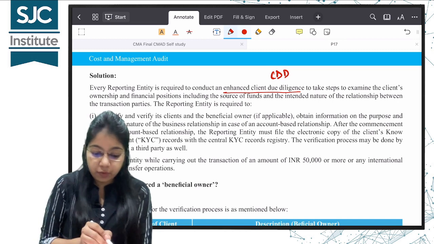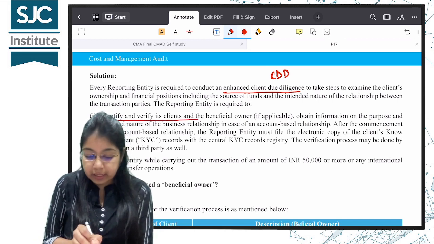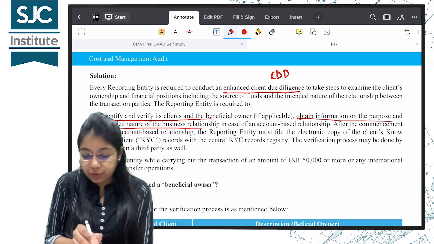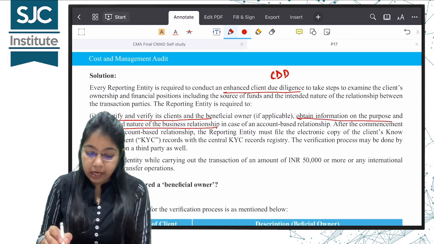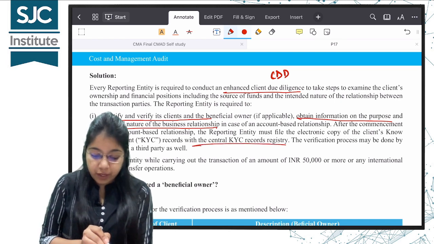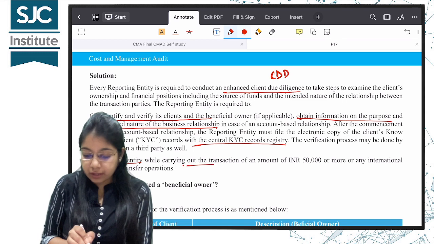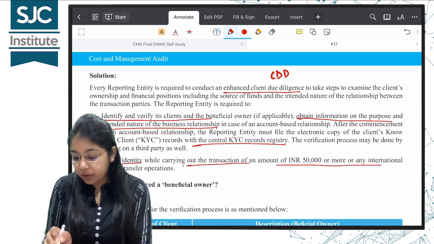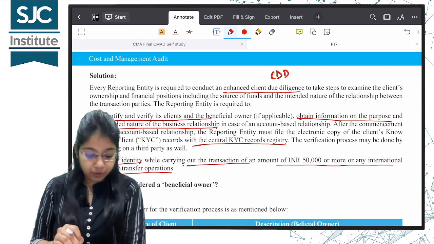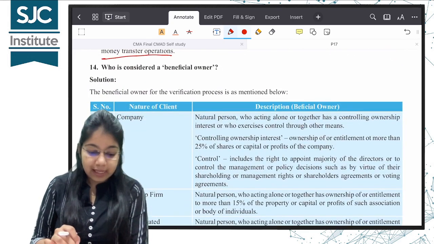The reporting entity will be required to identify and verify its clients, obtain information on the purpose and intended nature of the business relationship, and also maintain the records registry. They will verify identity while carrying out a transaction of an amount of INR 50,000 or more, or any international money transfer operation.